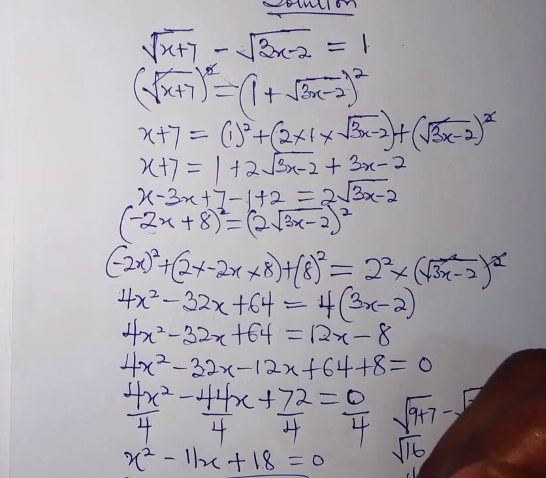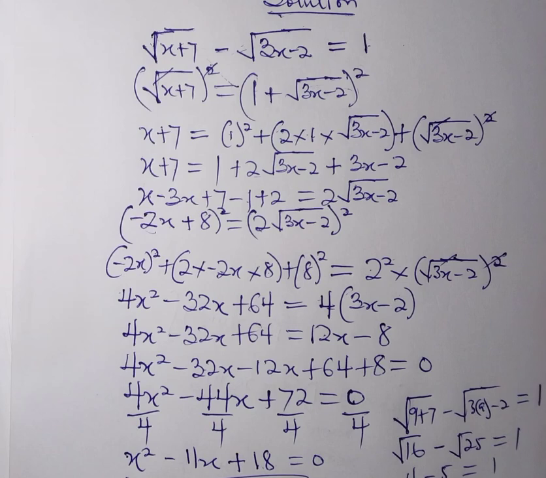You see that we got 9 and 2, but when we put the 9 in the question, we realized that the answer we got on the left side wasn't the same as the right side. For that matter, the 9 cannot be the solution, even though we got 9 as x. But when we substituted the 2, we got 1 on the left side, which is the same as the 1 on the right side. Therefore, the solution is 2. Have you gotten that? That is how you go about solving equations involving radical signs.